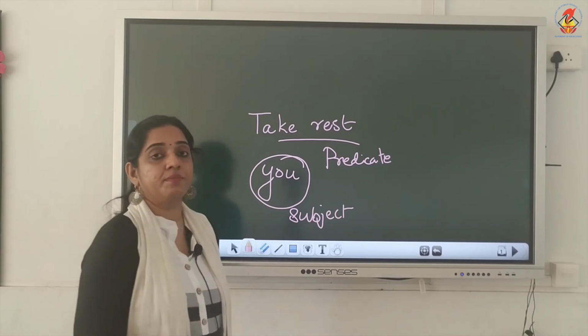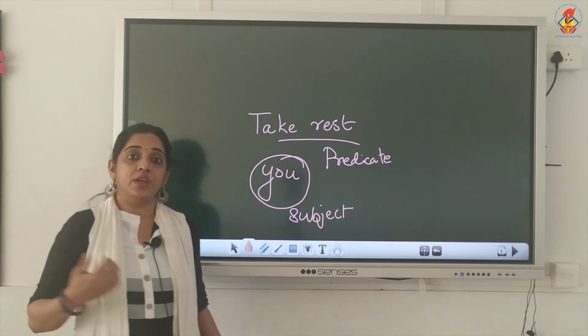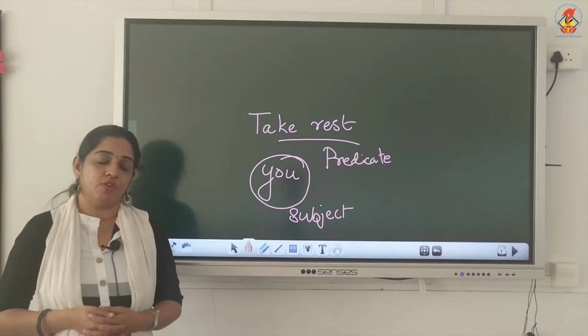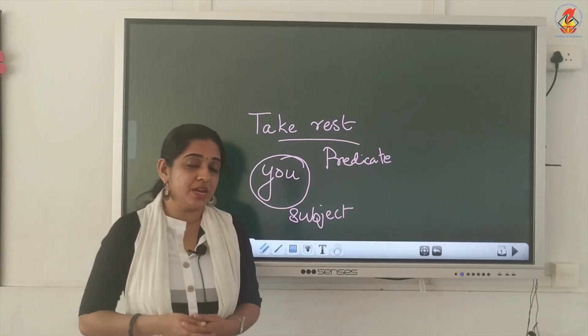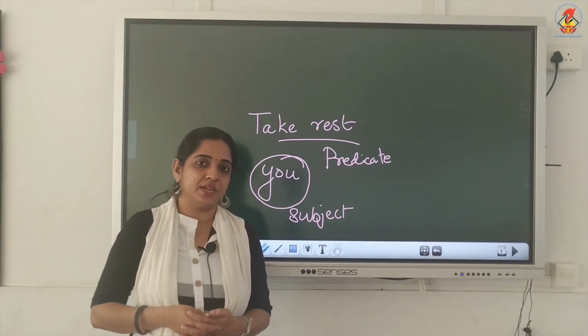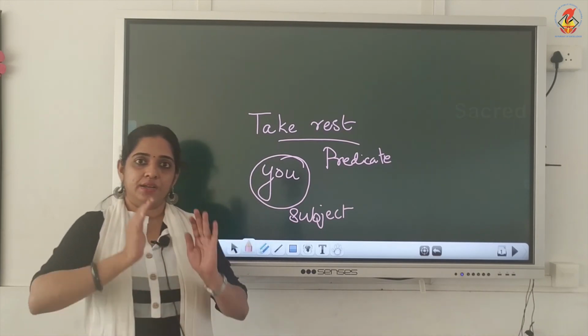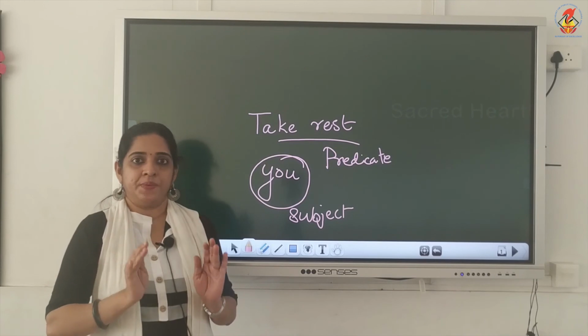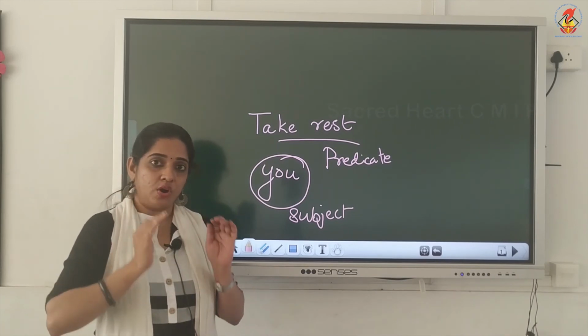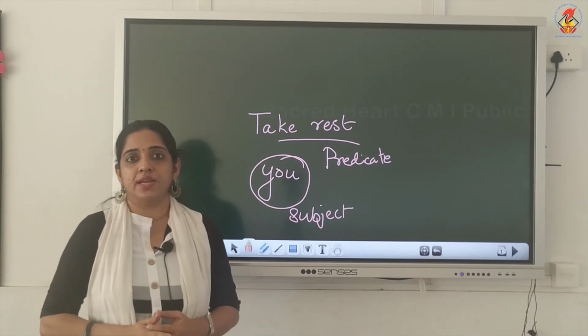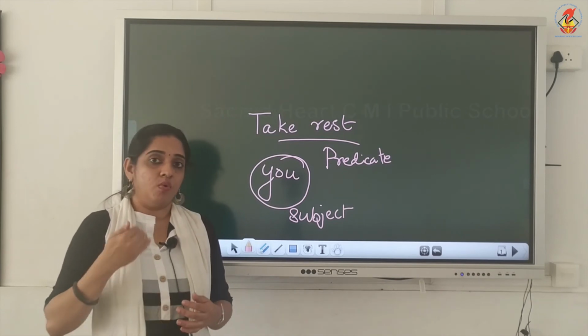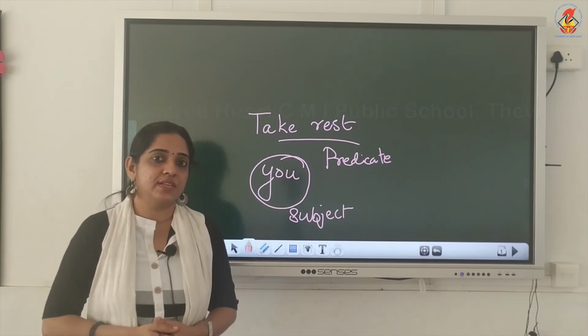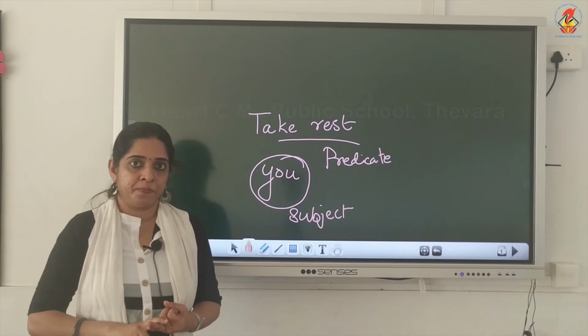So before winding up the topic, let us recall what we studied about subject and predicate. What is a subject? Subject is the main part of a sentence. I mean, what the sentence is about, that is subject. And more about a subject is called predicate.